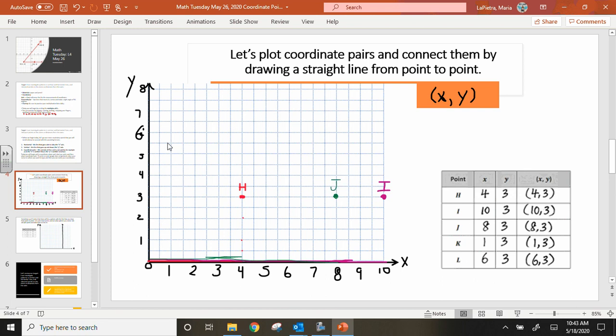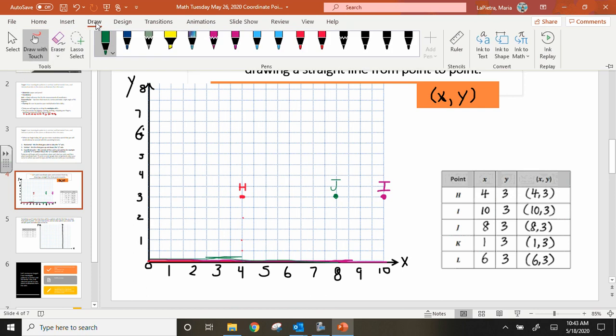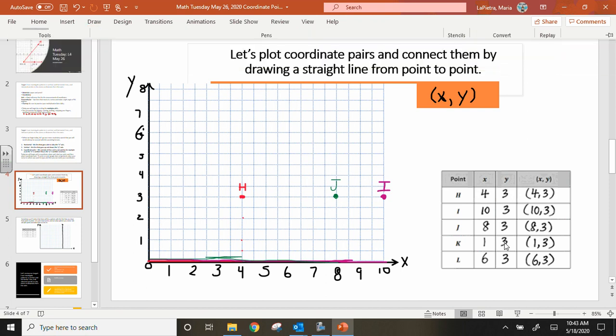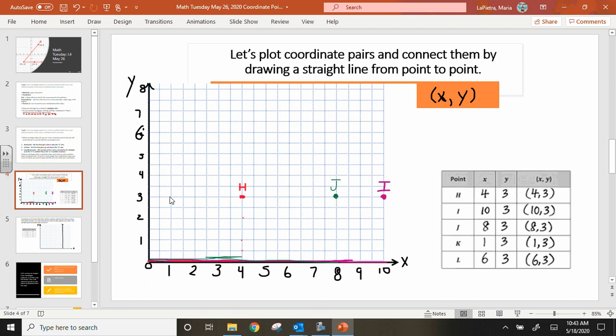My next one, K. We'll use blue. We're going to go 1, 3. Over 1, up to 3. And we're going to call that one K. Okay.